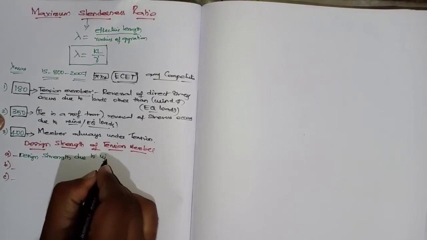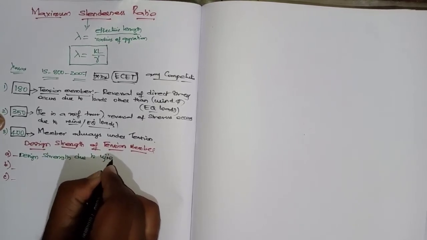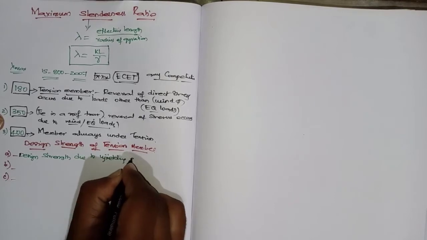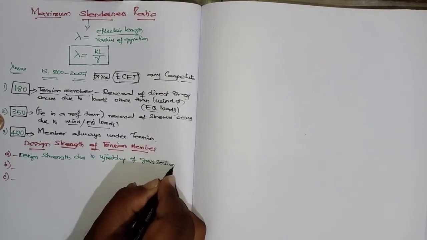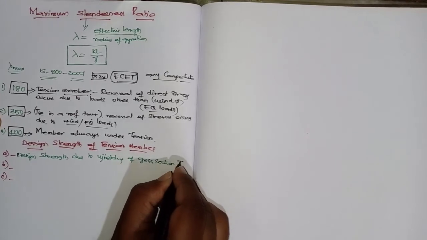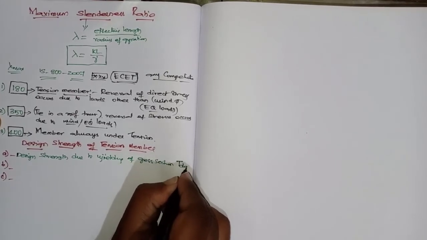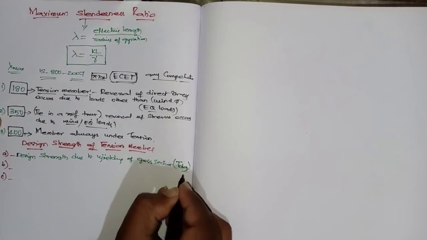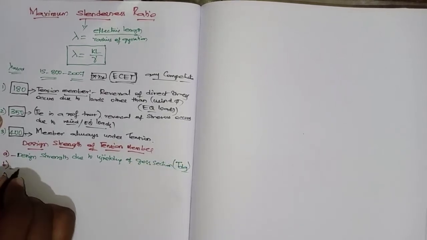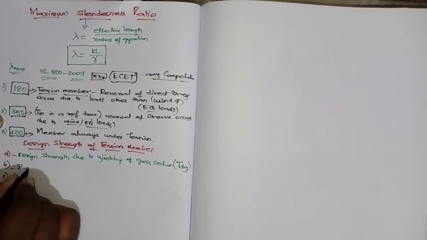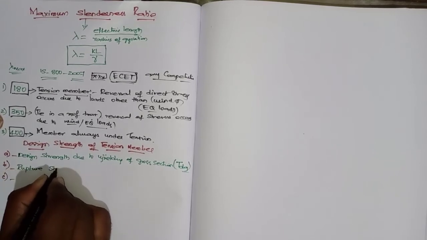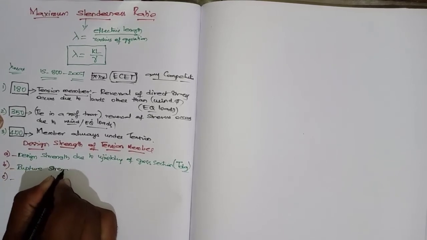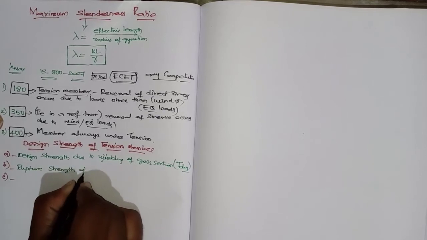Yielding of gross section. This is denoted by TDG, gross section G. Next, due to rupture strength of critical section.